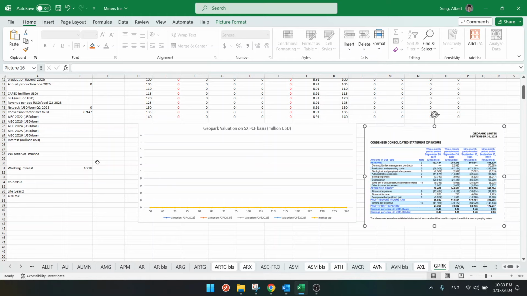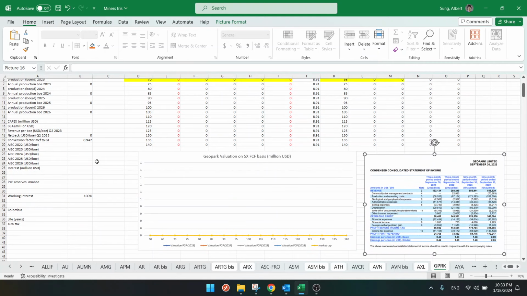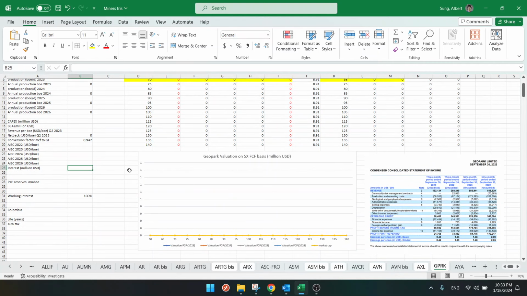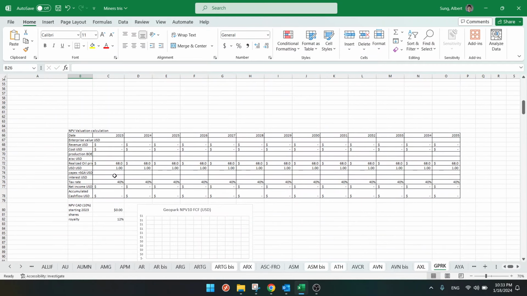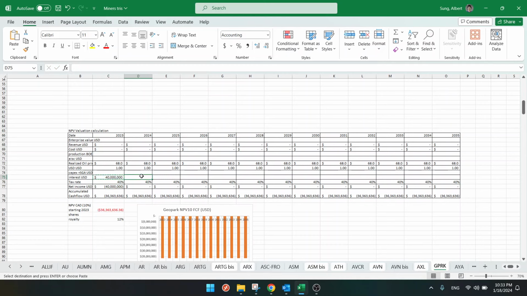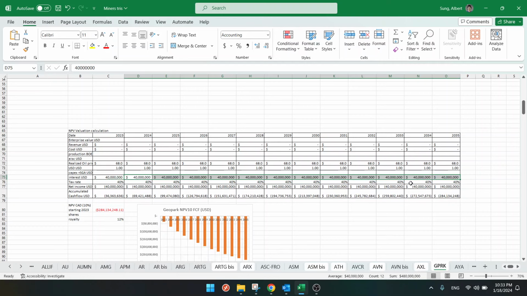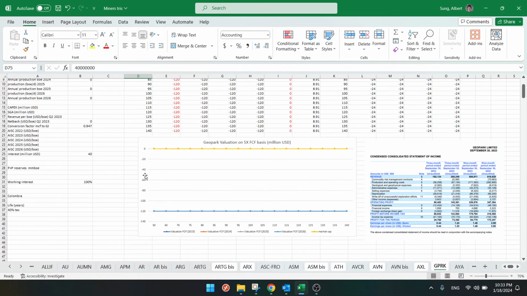So that's 40 million in expenses. Okay, 40 million in interest expense. This might go down if they are profitable. We'll see.